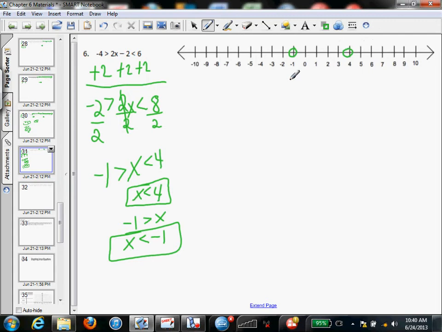Okay, so using our directions for negative 1, we see that the arrow is pointing that direction, and for x is less than 4, it is pointing in this direction as well. So we're going to color everything on this number line between the two empty circles except the empty circles, and then everything after the empty circles.